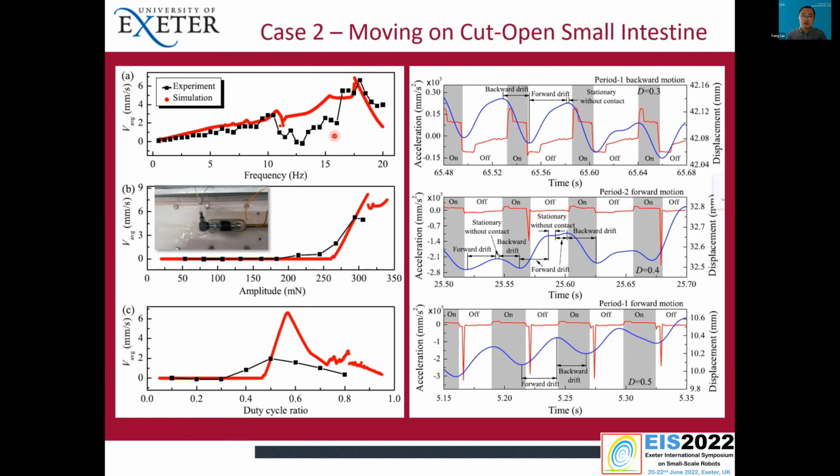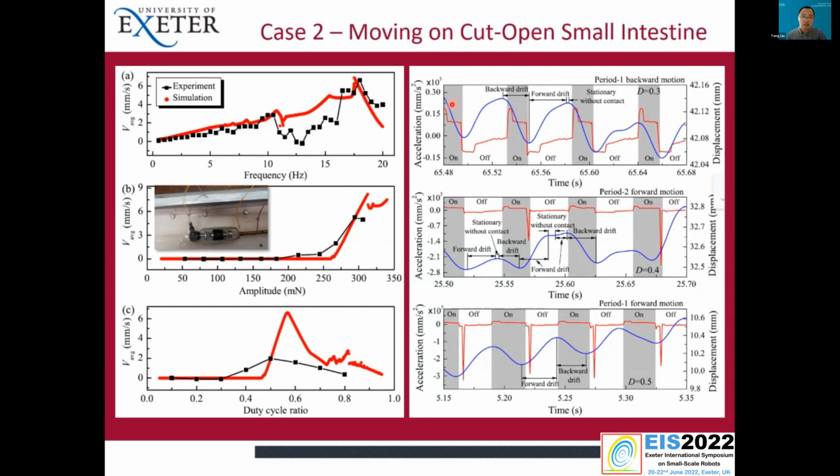In the second case, we run the robot on a synthetic small intestine, and we also vary these three key control parameters, and as we increase them, the results are also consistent with the experiment. What we observe here, a very interesting bifurcation point, is when we increase the duty cycle of the system from 0.2 to 0.5, somewhere here, we observe a bifurcation.